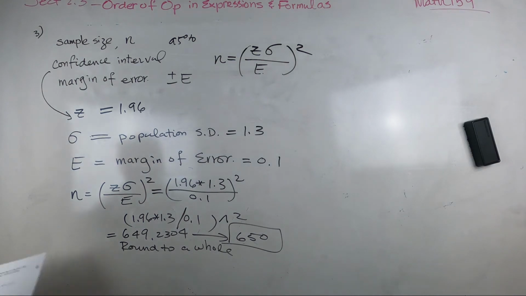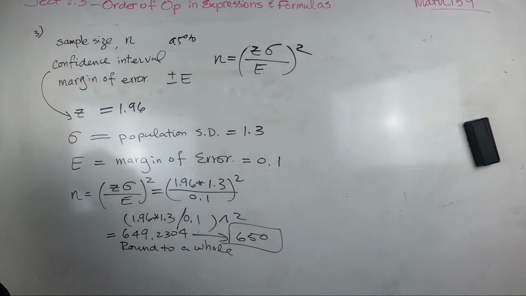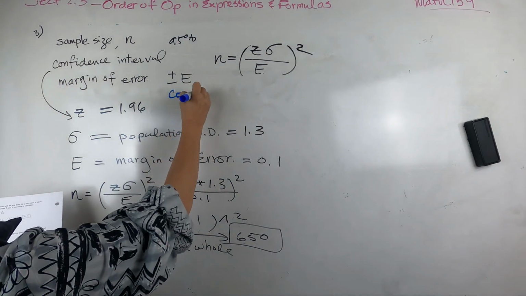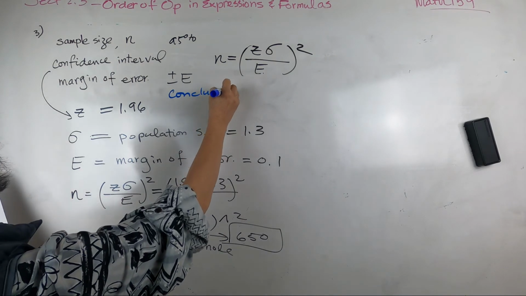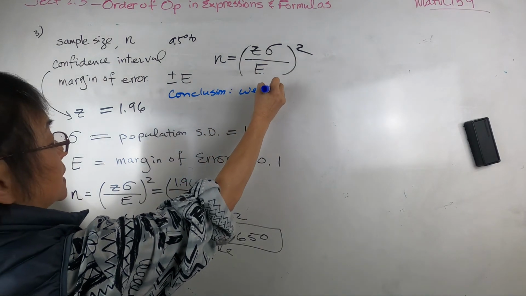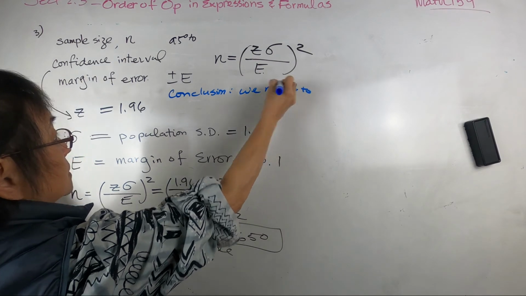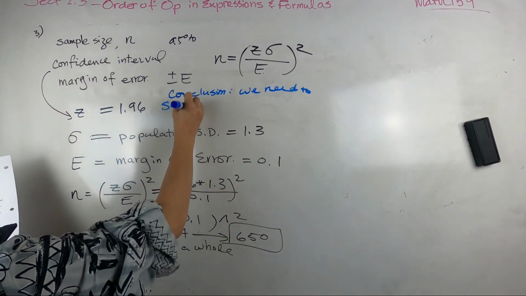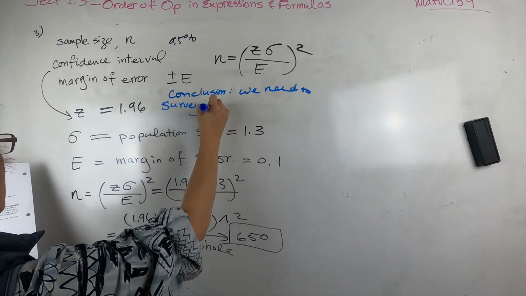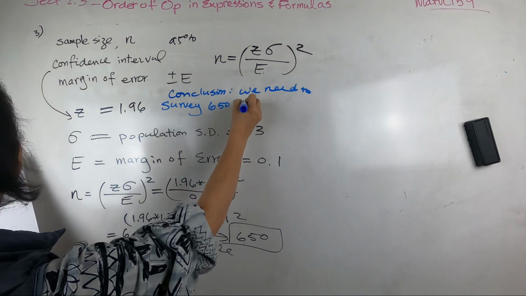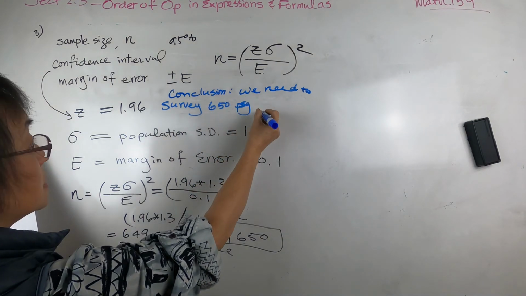Okay, so your conclusion should be what? You draw a conclusion. That was the question: how many people do you need to survey? So you need to survey 650 psychologists.